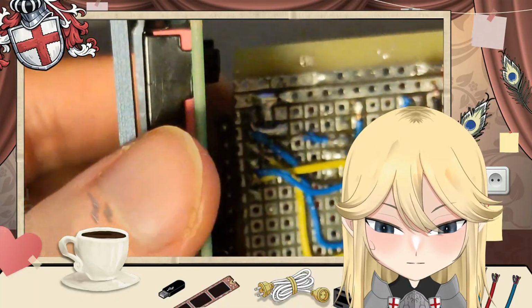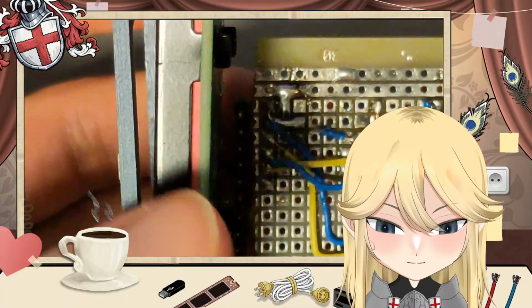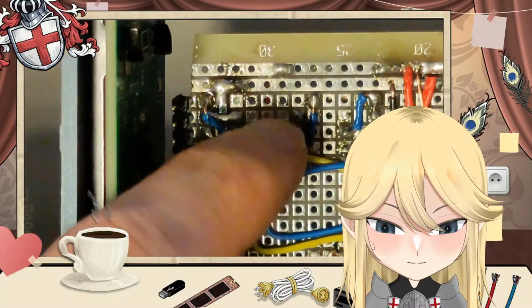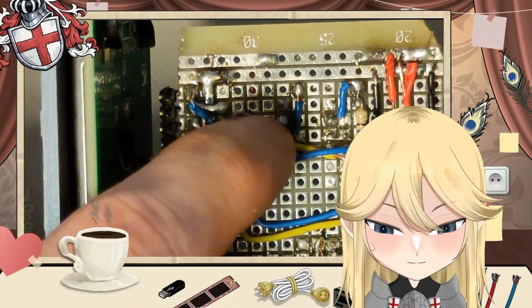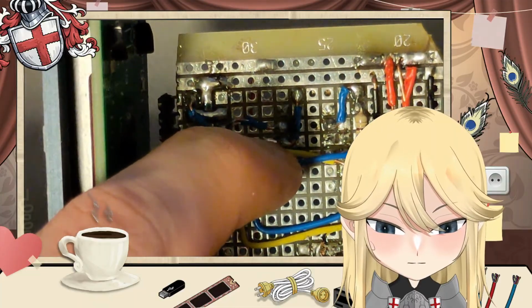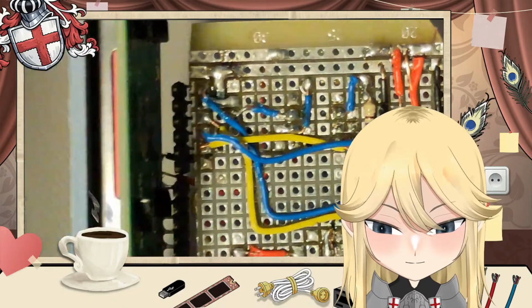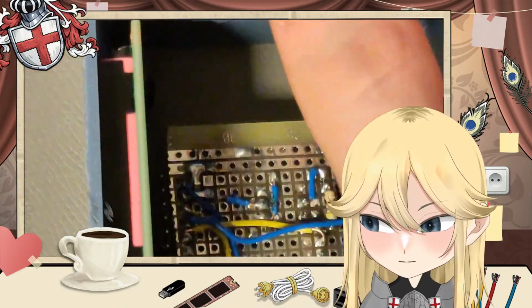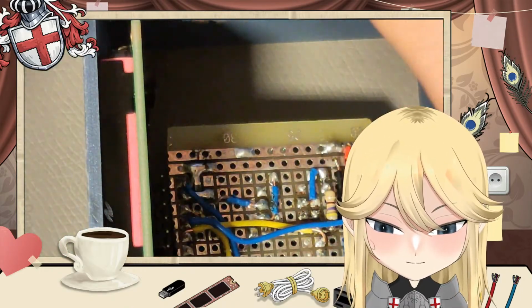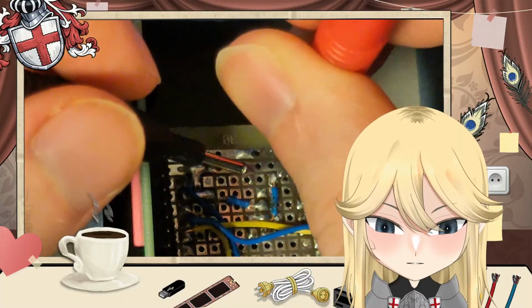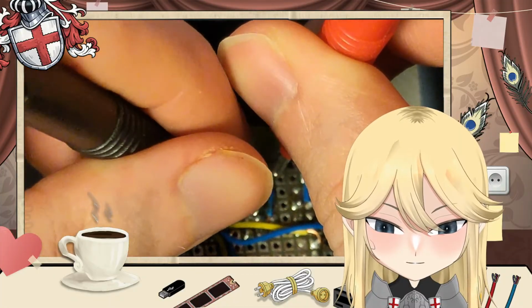Looks a little bit like it would be 12 volts. This should be 12 volts. The one below that is our mod 12, which has the connection to our resistor, right?